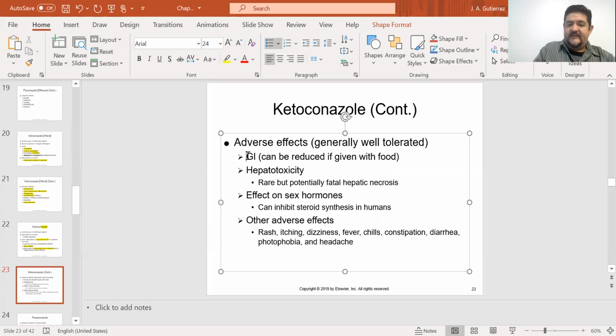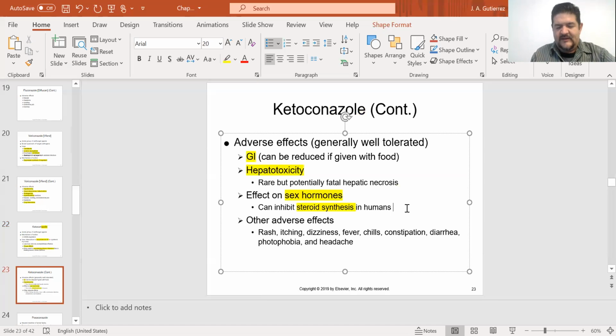So regarding adverse effects, NVD, when it's PO. We already mentioned this can be a medication that can be used long term. So it will be liver damage. Has a little bit of effects on the sex hormones. It says here inhibit steroid synthesis in humans. So that means it's going to inhibit the formation of testosterone.